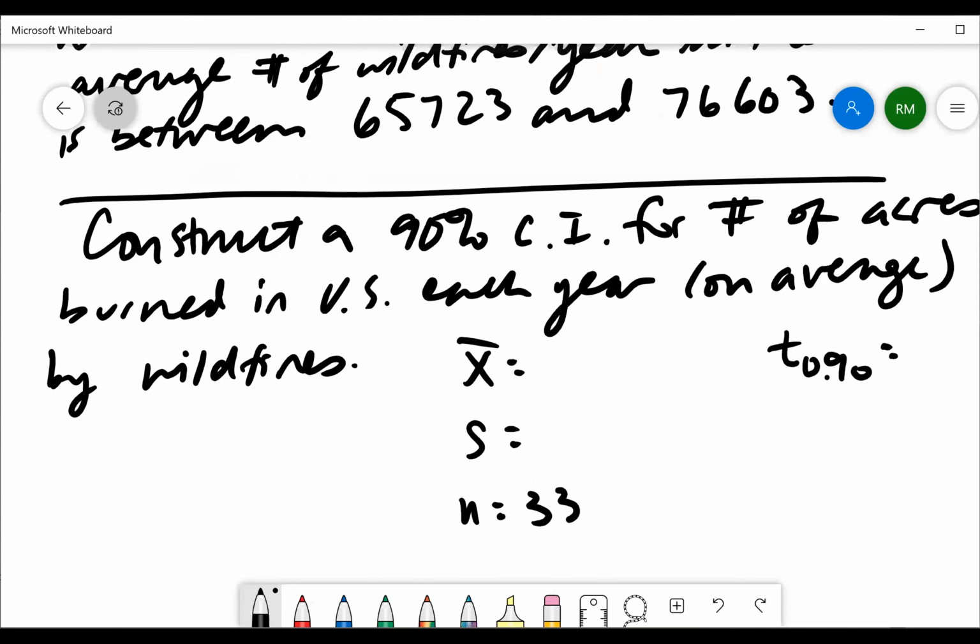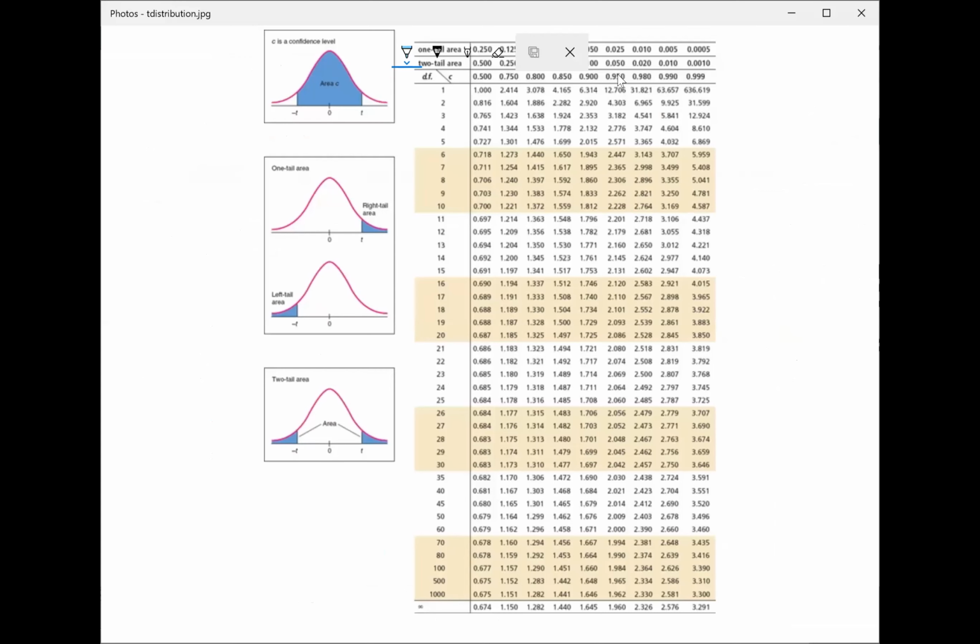So with our Excel file, we saw that the standard deviation was 2,781,864. That's a lot of acres. And the sample mean was 4,961,676. All right. So now let's go to our table and find the critical value.